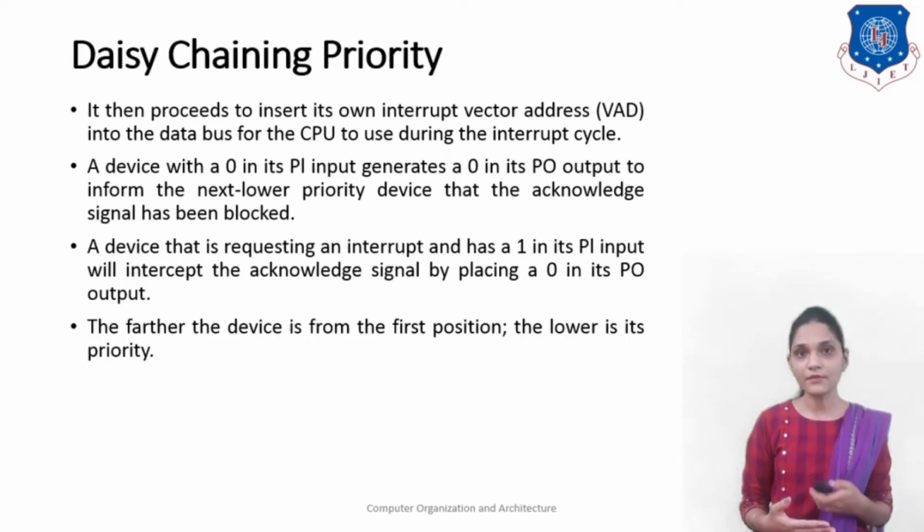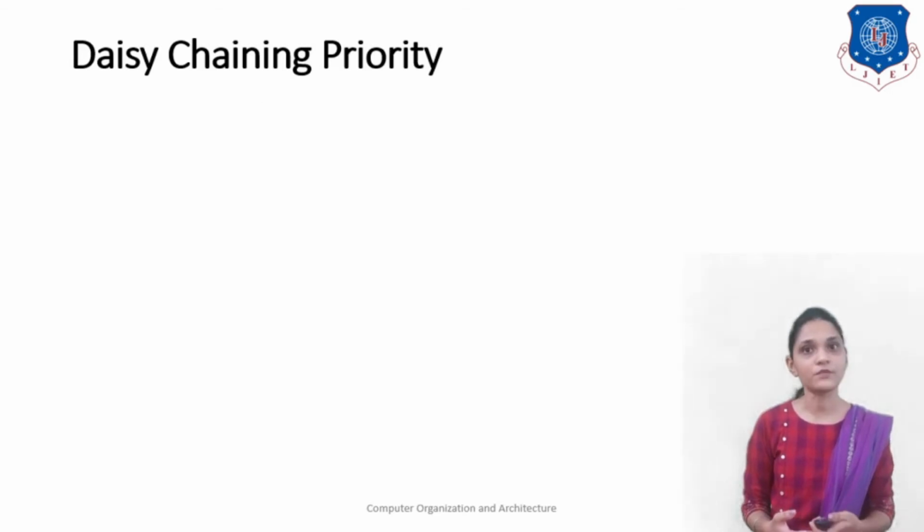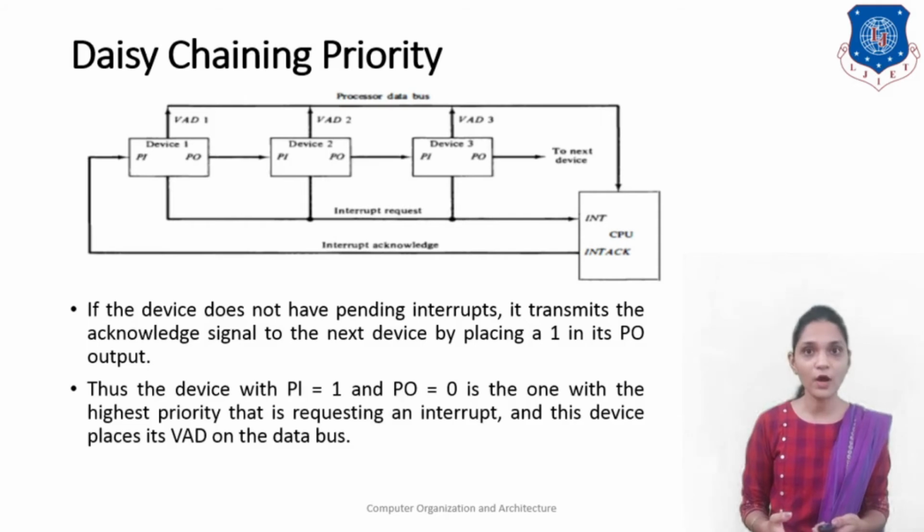The farther the device is from the first position, the lower is its priority. If the device does not have a pending interrupt, it transmits the acknowledgement signal to the next device by placing 1 into its PO output.